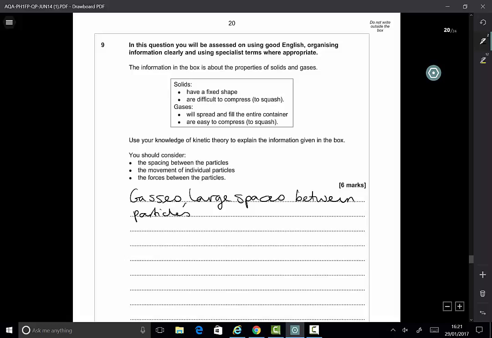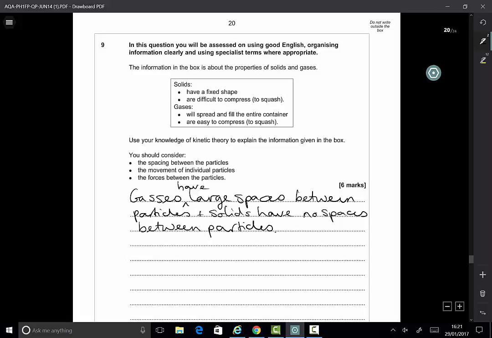Oh, and we're also after grammar, so I should have put a have in there. Gases have large spaces between particles, and solids have no spaces between particles.